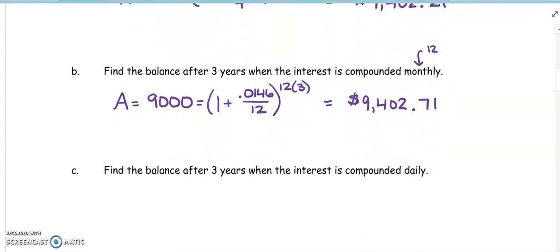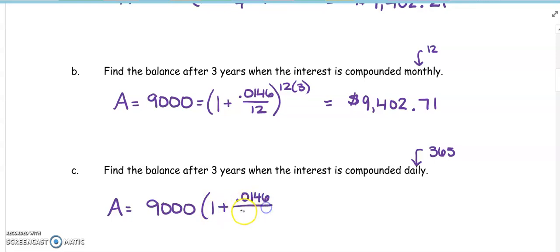So with part C then, if I want to find the balance after 3 years when we compound it daily, now n is going to be equal to 365. So we start the same way. A is equal to 9,000 times 1 plus 0.0146. We have to divide that by 365. And we're going to raise that to the 365 times 3 power.